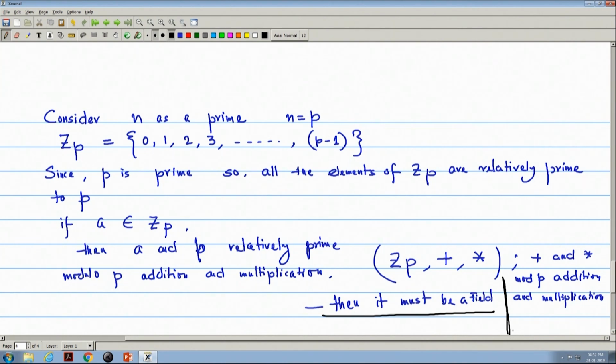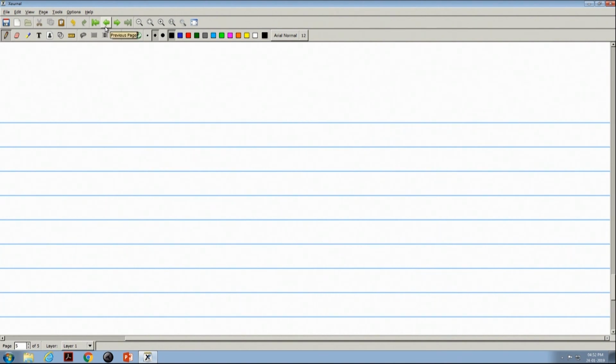So, all the elements are relatively prime, and then according to that example we have seen that we must get the multiplicative inverse.